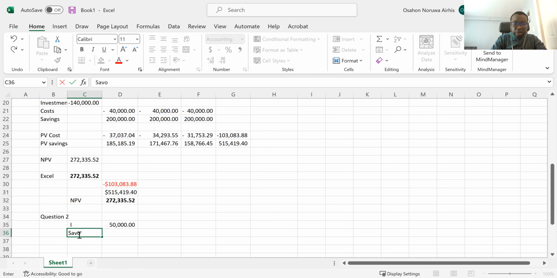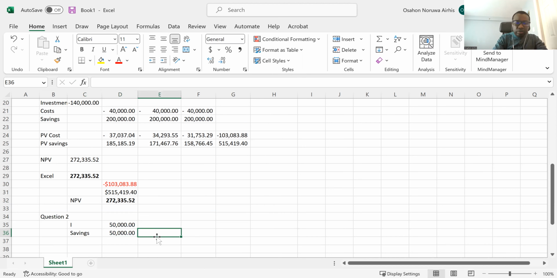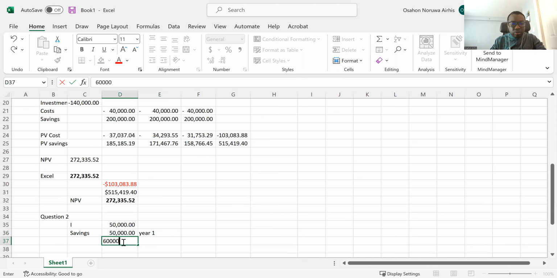The savings, or the benefits from this project, or the earnings, are 50,000 for year 1. Year 2 is 60,000. And then for year 3 is 70,000.